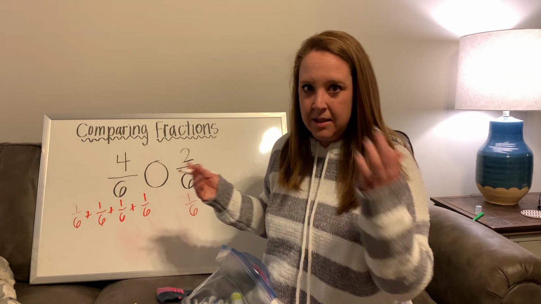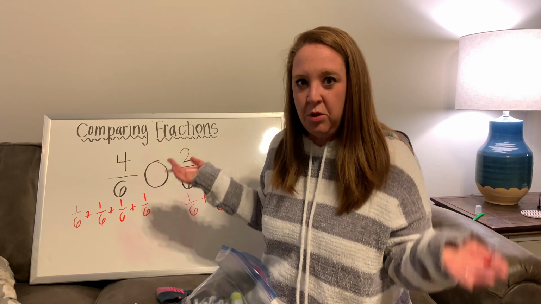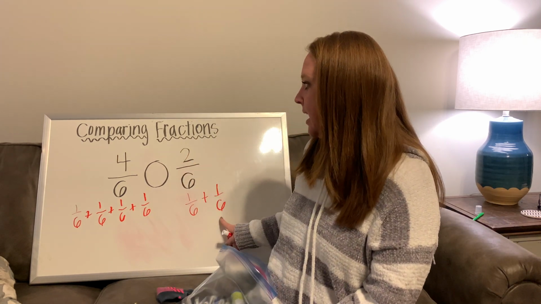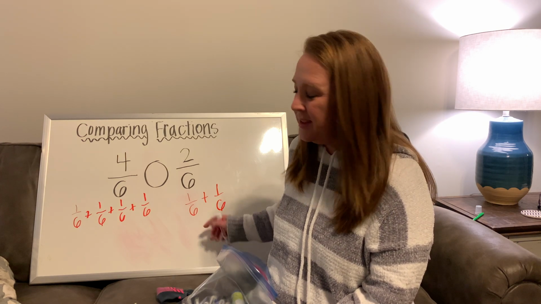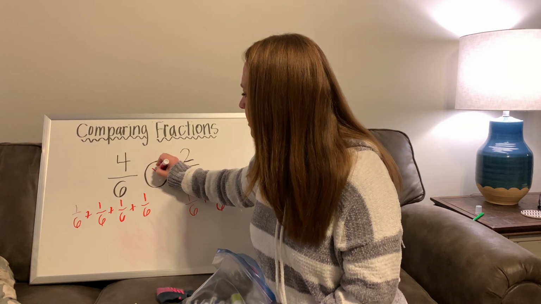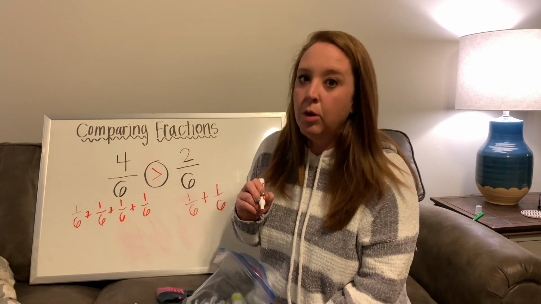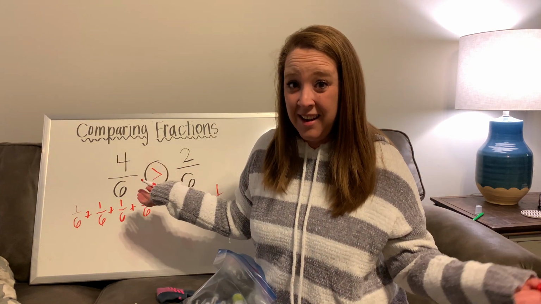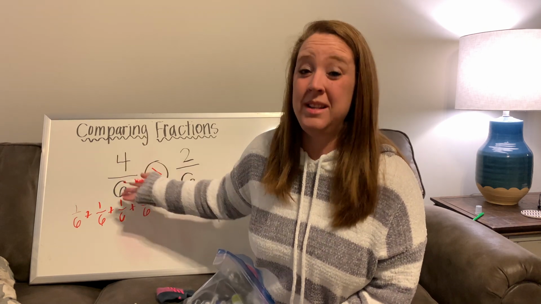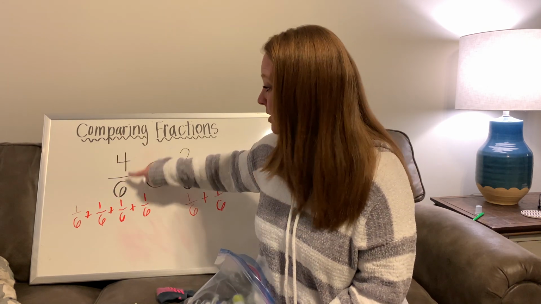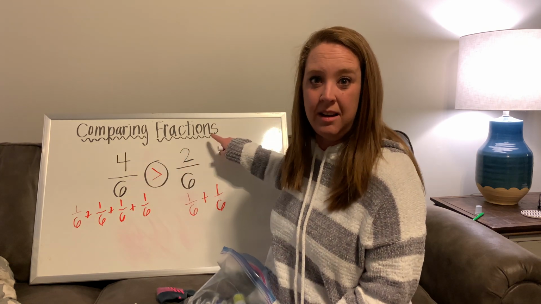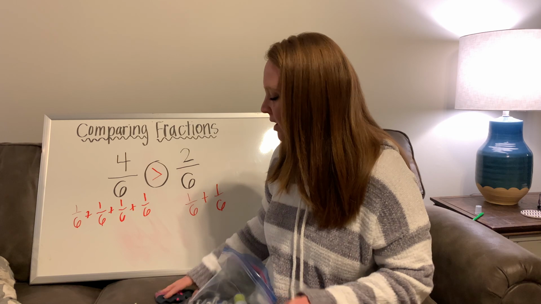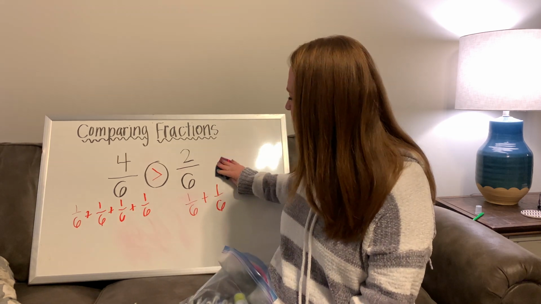All right, so which one's more? Which one's greater than? Over here I have 4 1/6 pieces. Over here I have 2 1/6 pieces. You're exactly right. 4/6 is greater than 2/6. Because why? I have more 1/6 pieces. Very good. 4/6 has more 1/6 pieces than 2/6. You are so smart. I knew that you were not going to forget this.